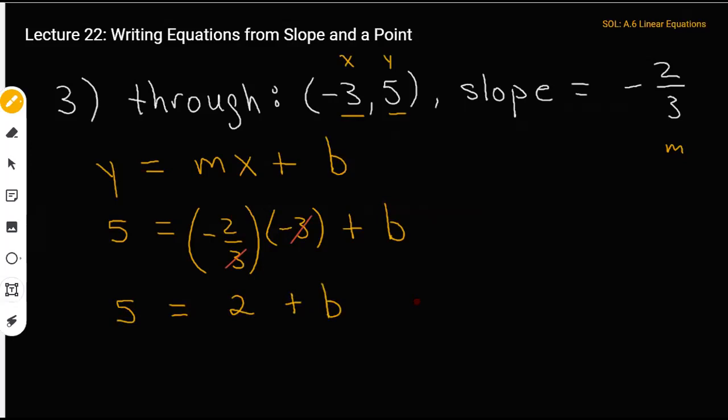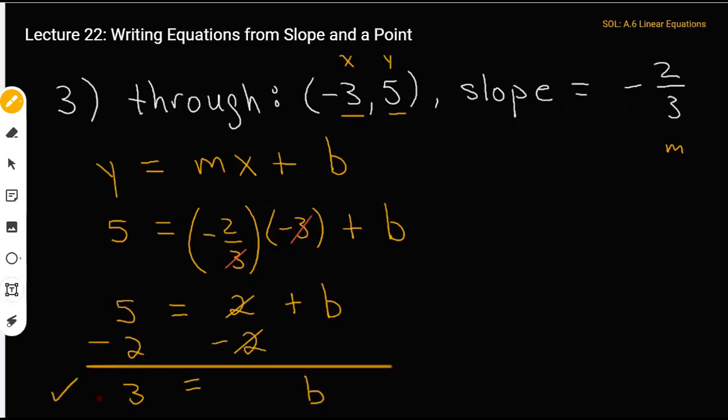Okay. So to get b by itself, I can subtract 2 from both sides. And 5 minus 2 is going to give me what? 3. Yep. So now I know what b is. B is going to be 3.